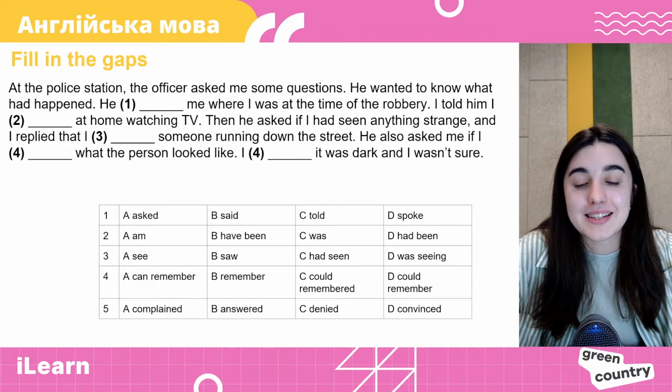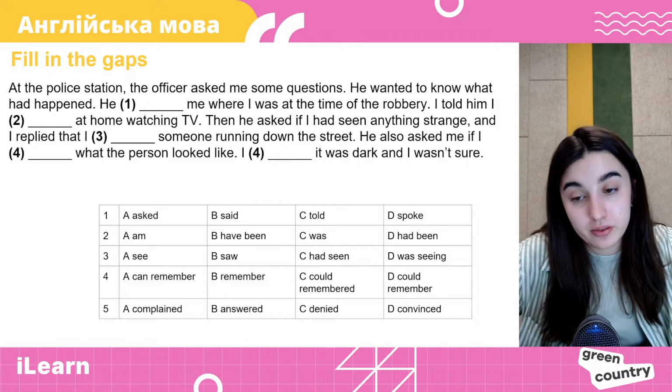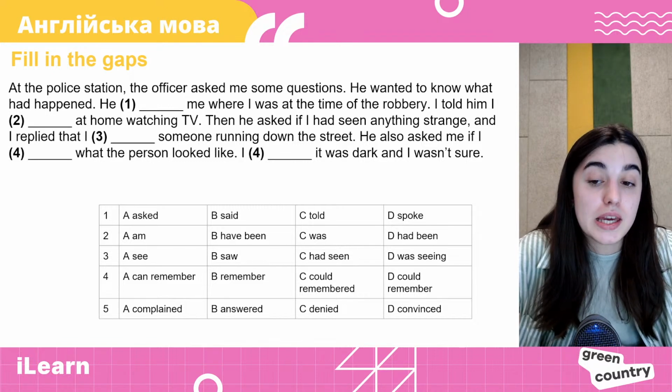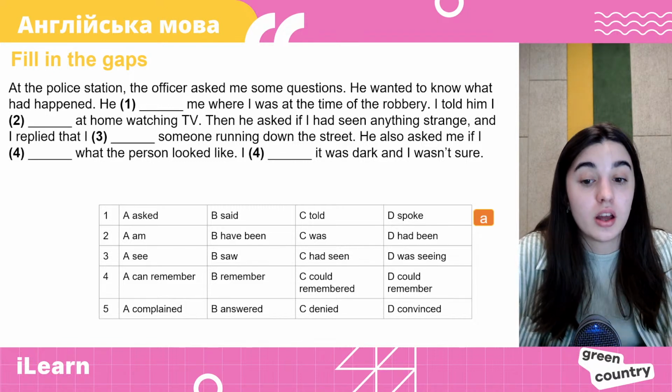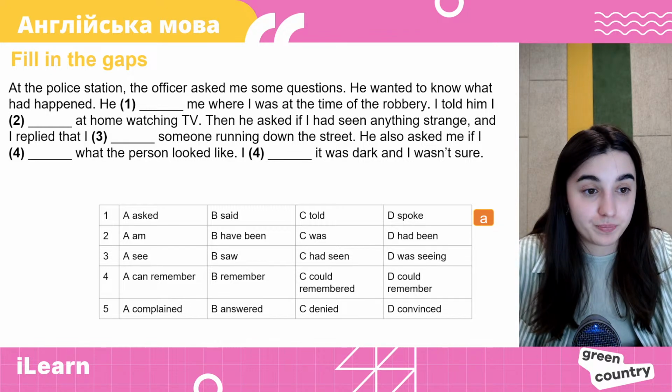So he did not tell me or speak to me, but he asked. That's why we use: he asked me where I was at the time of the robbery.